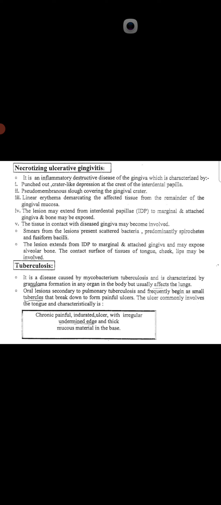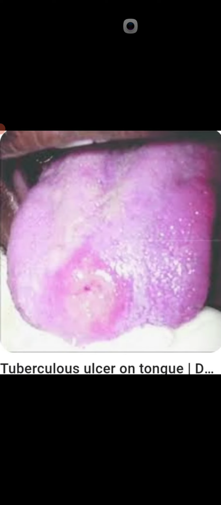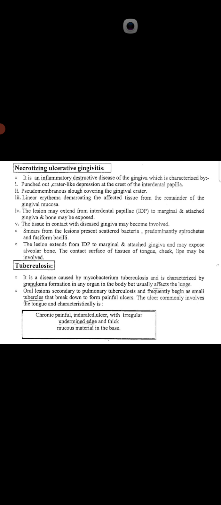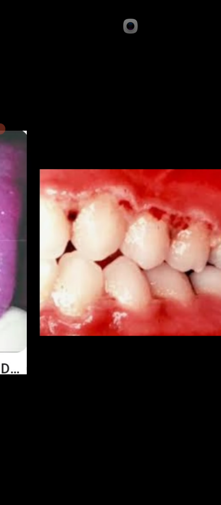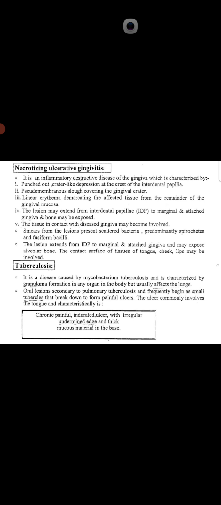The ulcer commonly involves the tongue. Look here, the tubercular ulcer on the tongue, at the tip of the tongue. It mainly involves the tongue. And how does it look? These are chronic, painful, indurated ulcers with irregular undermined edges and thick mucous material in the base.